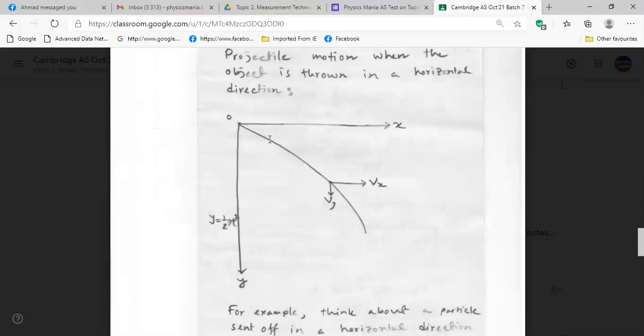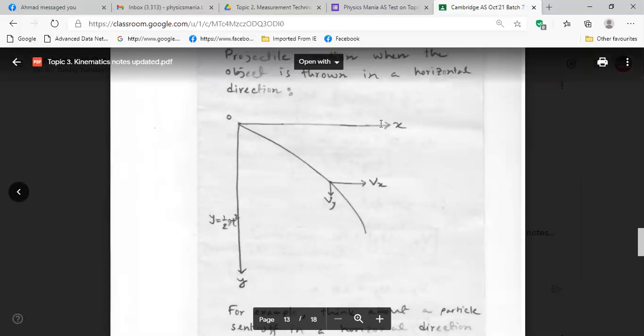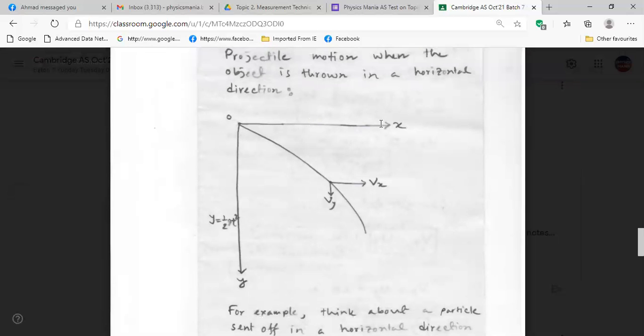Look here, when the object you are throwing is straight, the object is going with the velocity you are throwing it at the beginning, but there is also one force acting downwards, that is gravitational force, right? So you are throwing with one force and another force is working downwards.